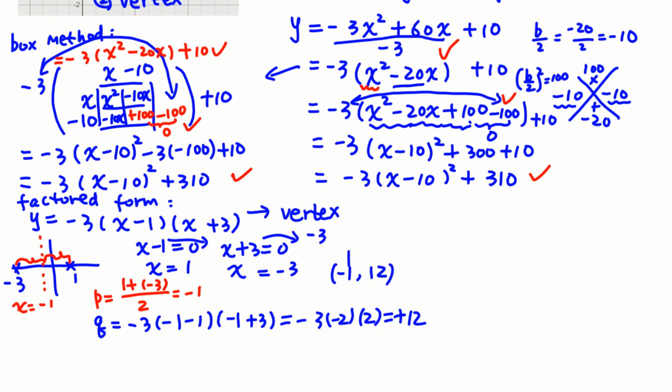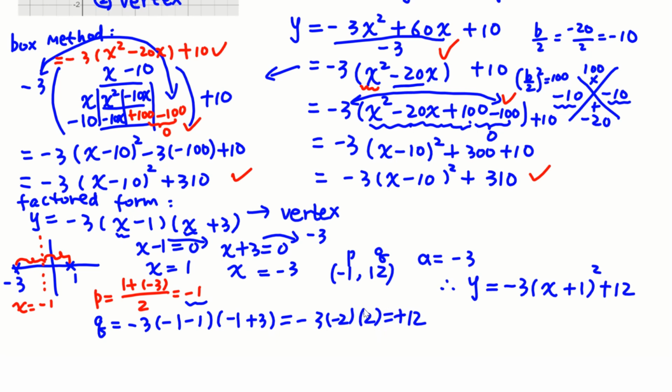And we have p and q, we have the a value. Then we can write the vertex form as negative 3 bracket x minus p, where minus negative 1 becomes plus 1, then plus 12. So from factored form, you can find the midpoint, then sub the midpoint into the factored form, then you are able to find the q.